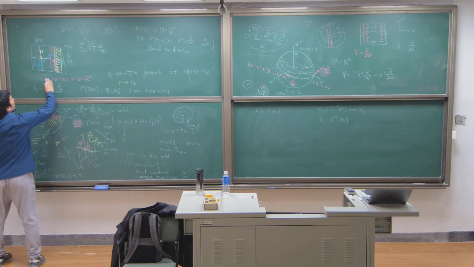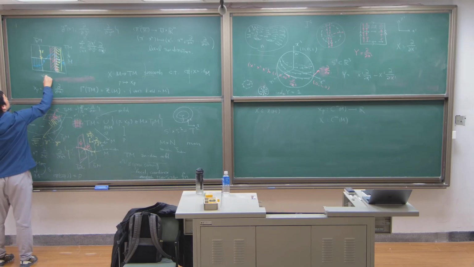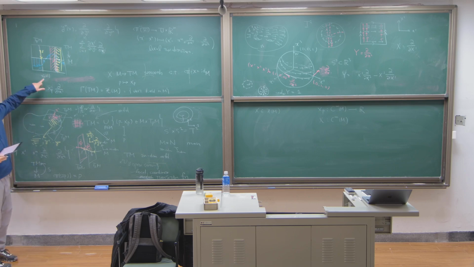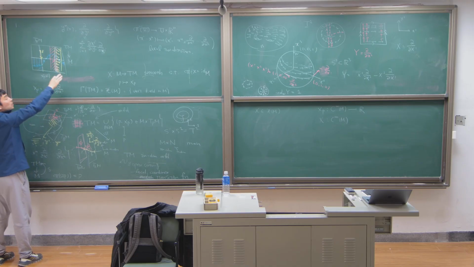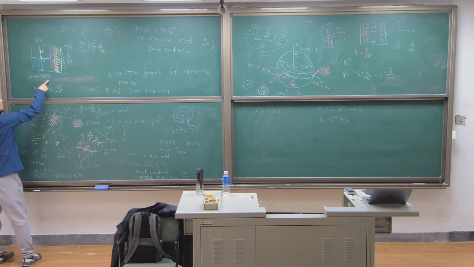So here, suppose you just assign that X_p of f is just a number. Given a function f, X_p of f is just a number. But you just vary this p along this manifold M, then the number is also varied. So therefore, at each point you assign some number.